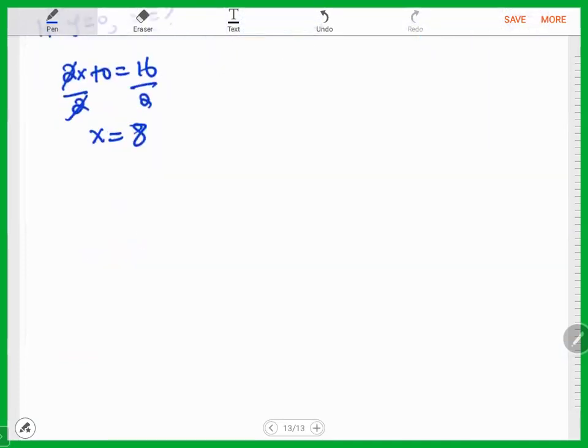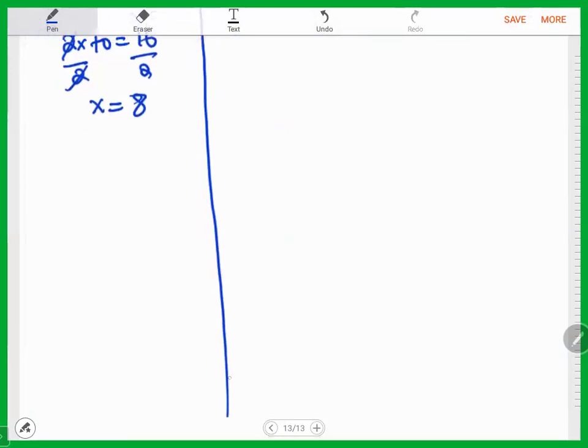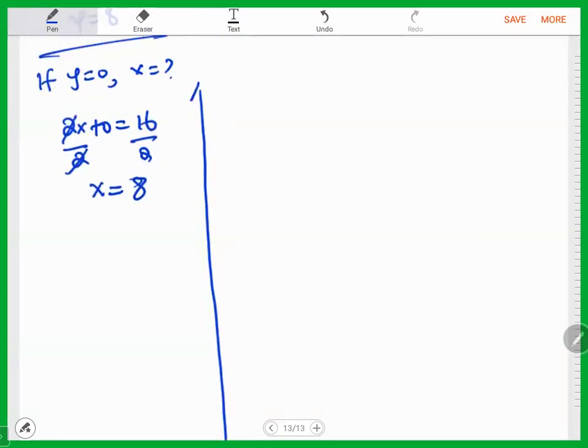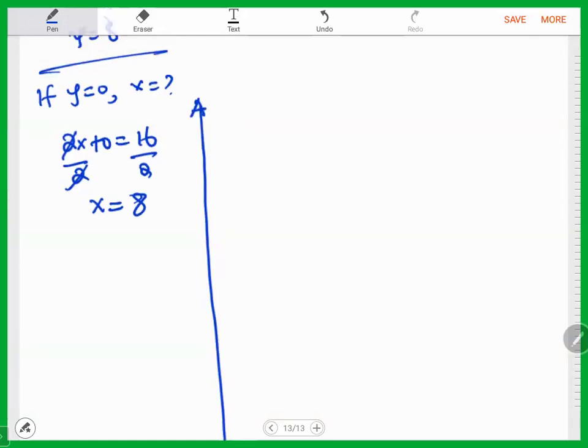Since the 2 are positive, we'll do this. Those of you who have papers, you would go on the paper. A graph of x against y.